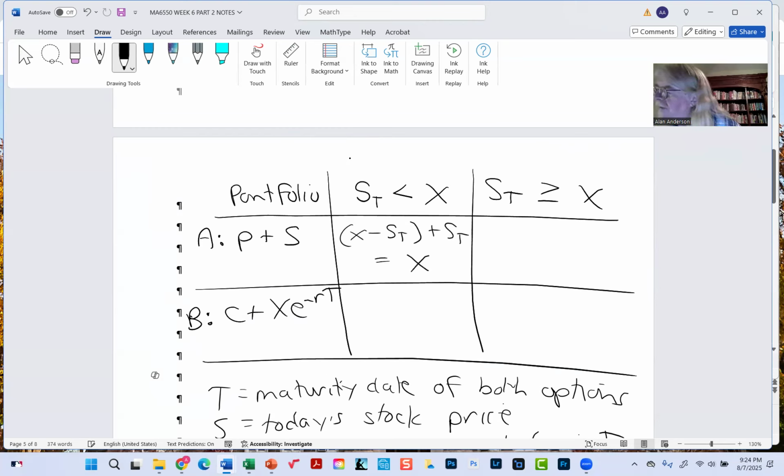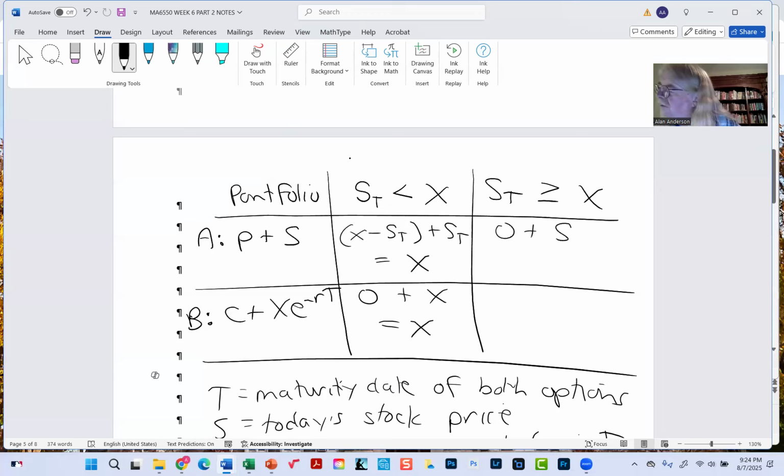And that leaves us with a net position of X. Now, for the B portfolio, the call expires without being exercised, but X is guaranteed, the treasury bill is guaranteed to be worth X dollars. Now, in the second scenario, the put is not exercised.